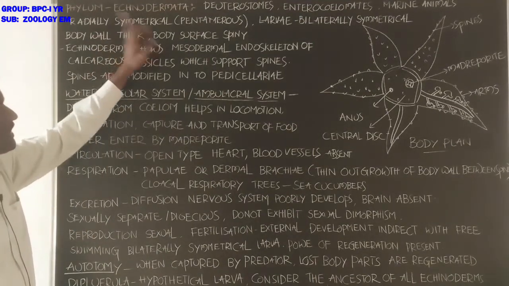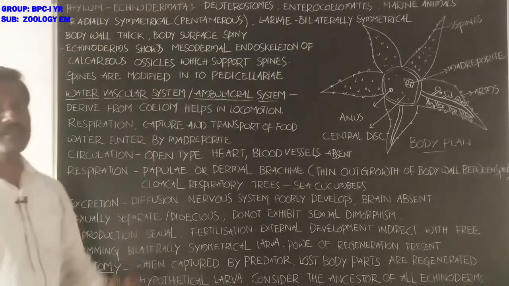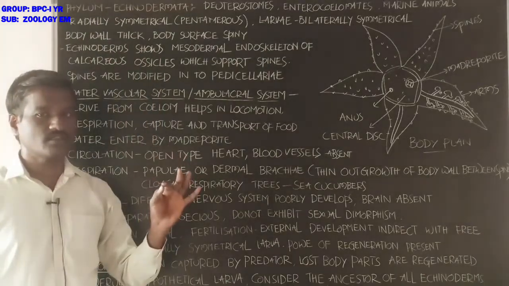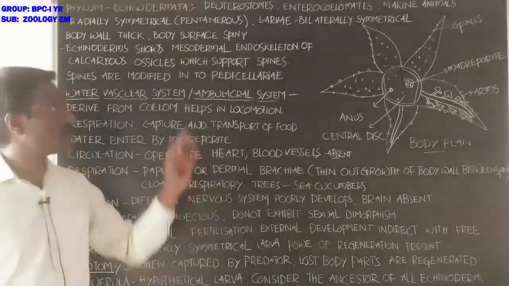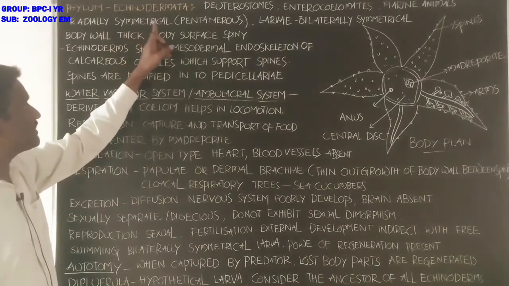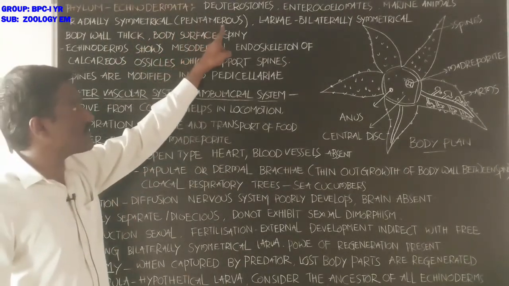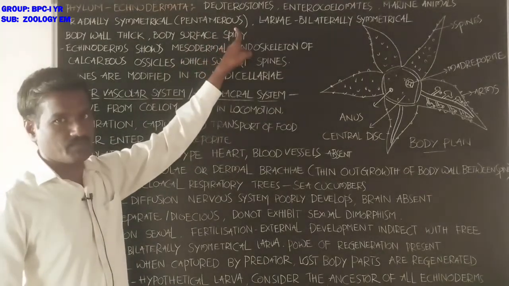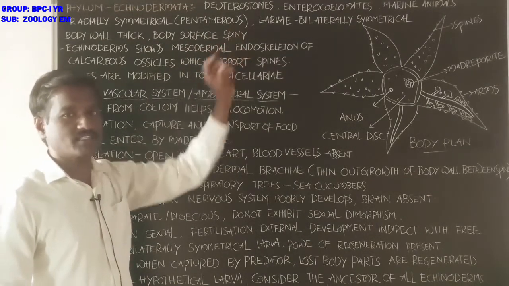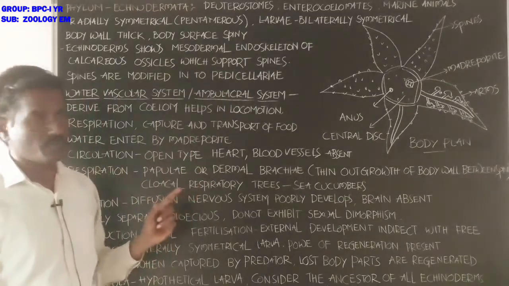Radial symmetry. Which type of symmetry is present in the animals from the phylum Echinodermata? These are radially symmetrical animals. That is also called pentamerous radial symmetry, by the presence of the 5 arms.